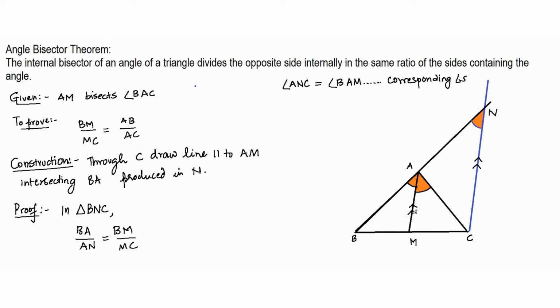And I can also say that I see a Z over here. So angle ACN is equal to angle MAC because of alternate interior angles. And all this is happening because AM is parallel to CN.